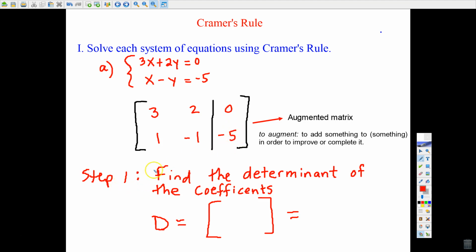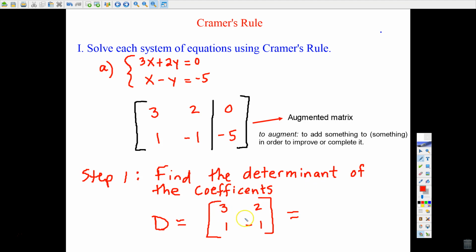Well, then we begin the step of finding, well, we're going to solve for x and y, but step one is finding the determinant of just the coefficient matrix. I have this capital D, which is going to represent the coefficient matrix. So this is a review of our previous lesson. How do we find the determinant of a 2x2 matrix?